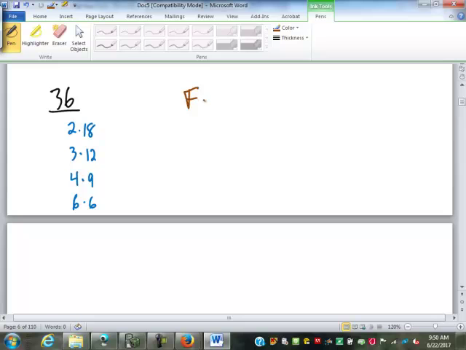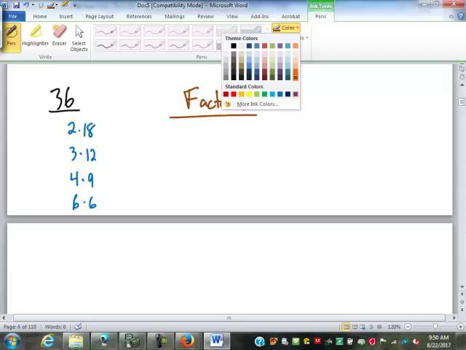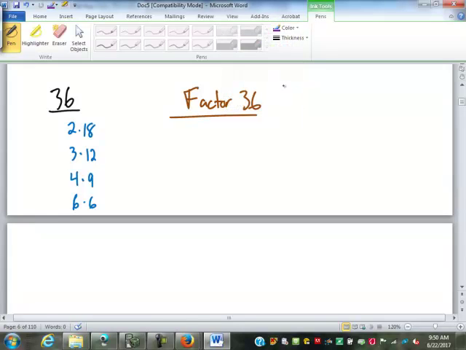If I ask you to factor 36, how do you know which pair I'm asking for? Well, the answer is you don't. So how do you know which one to put down? Well, generally we don't ask for factor pairs. I mean, we might in your homework just to practice it a little bit. But generally what we're asking for is prime factor.